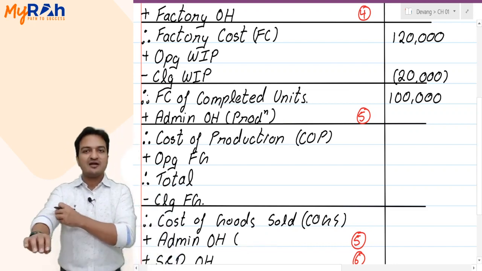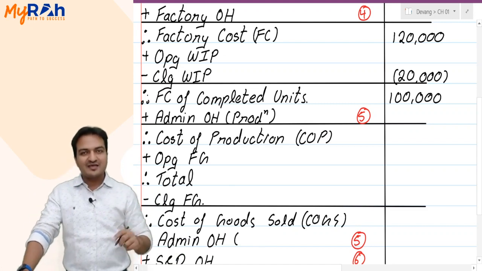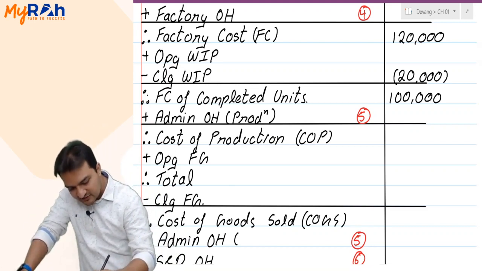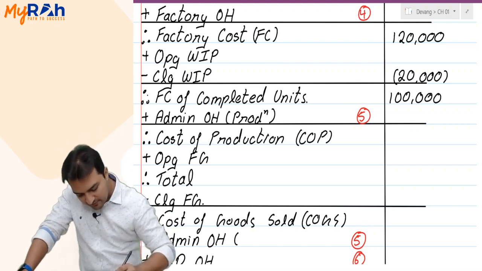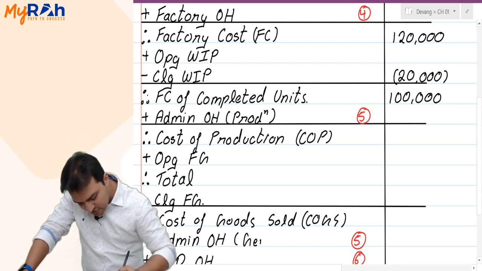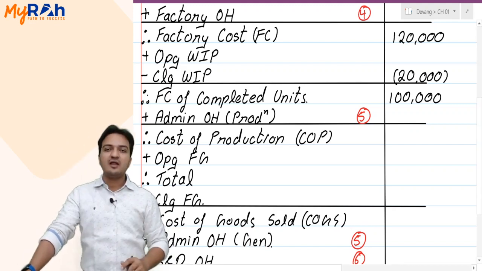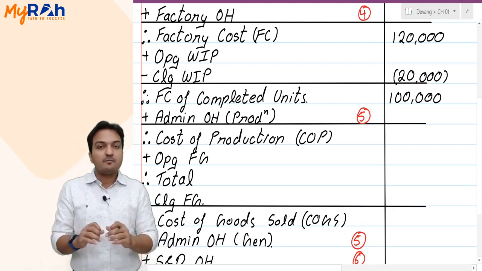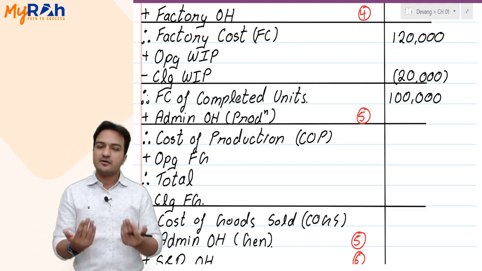Down here, the admin overheads can be called admin overheads on sold units, or better, admin overheads general. General admin overheads.